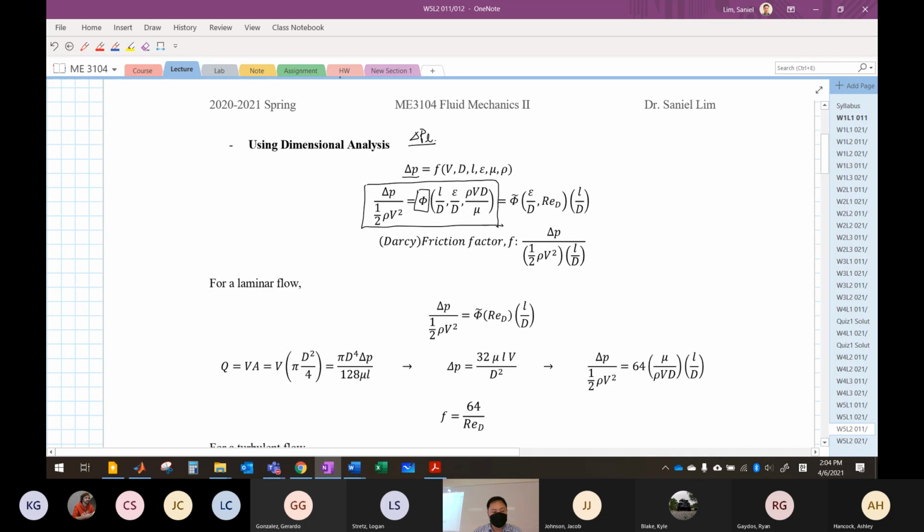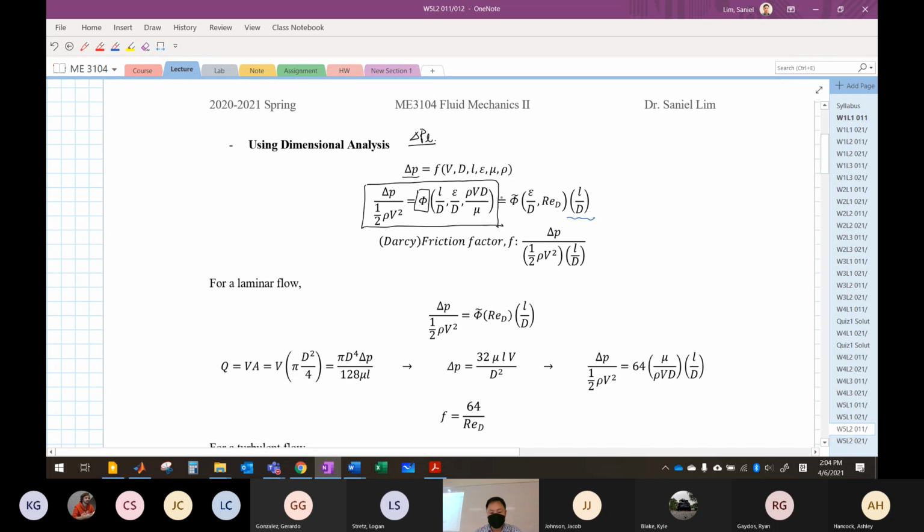Then we made a very reasonable assumption that the pipe length is directly proportional to the pressure drop. So we can take this L/D out of the function. We simply make a proportional relationship between the pressure drop group and the pipe length group, so it has a linear relationship.